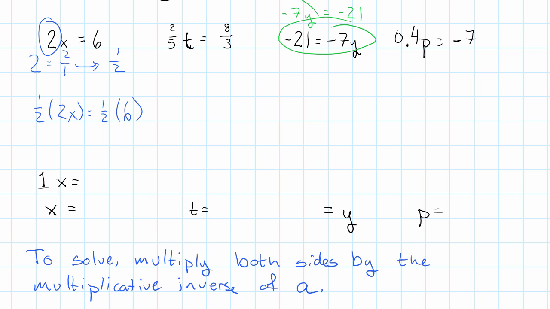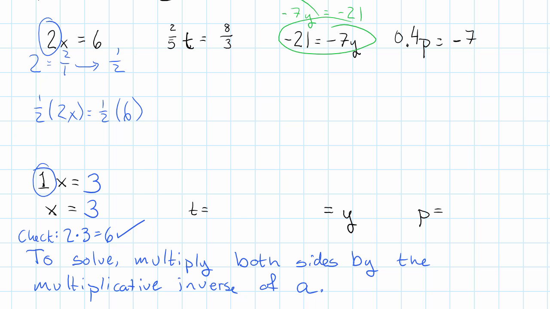And I'll get 1/2 times 2, that's my 1, x, equals 1/2 times 6, that's 3. I get x equals 3 as my solution. Now I'm going to quick check. 2 times 3 equals 6. Yes, that works.